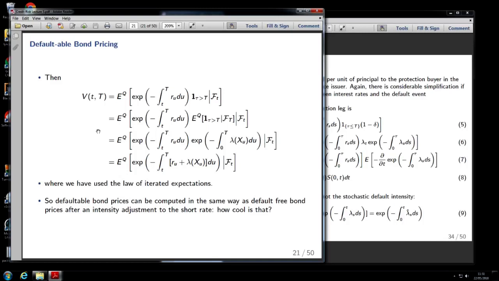It's the same as doing it between t and big T, because tau is the default time between today and capital T. So that's just notation from going from here to here. Here I could have started with t and big T, but I still would have had a tau here. It just depends on where your perspective is. Is today 0 or is today t? Okay, got it.